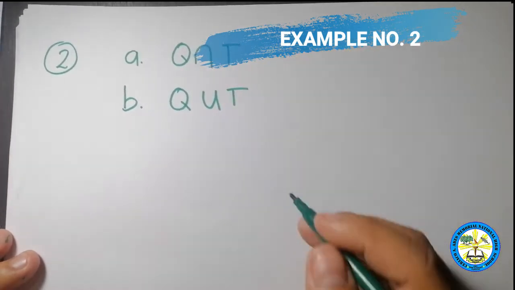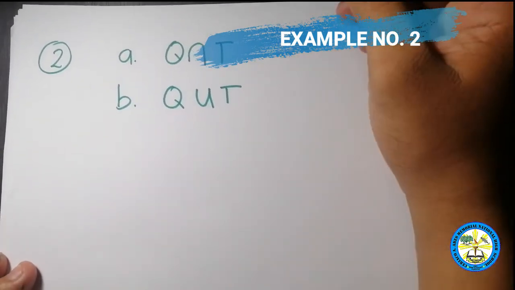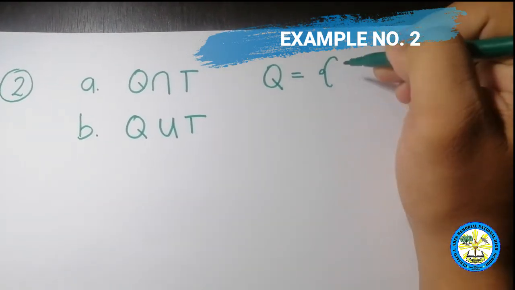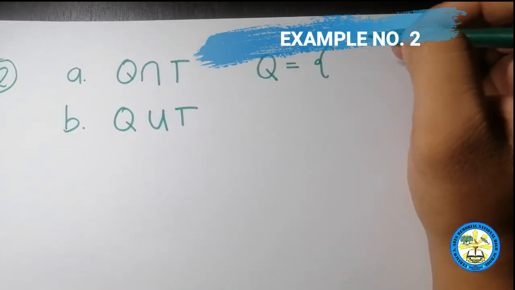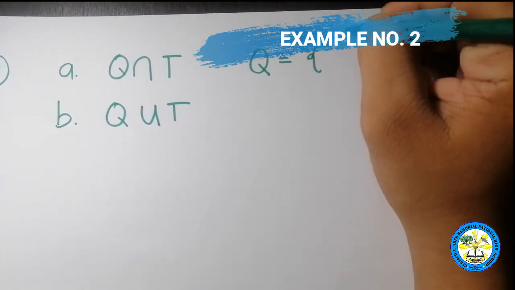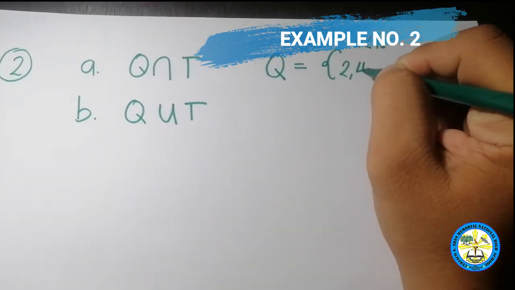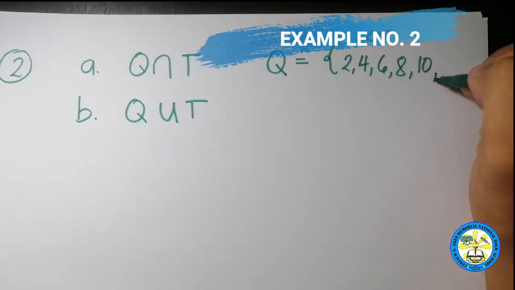So the first thing to do is write all the possible outcomes of the given events. In event Q, we have even numbers less than 15, such as 2, 4, 6, 8, 10, 12, and 14.